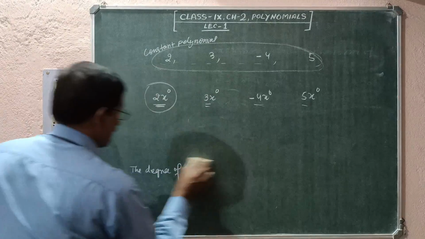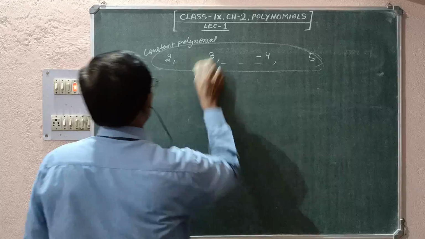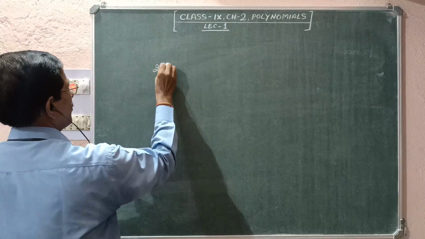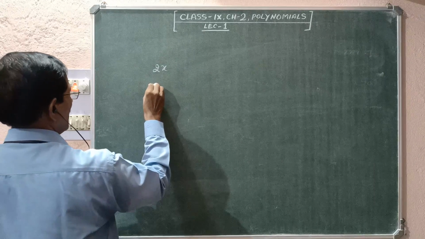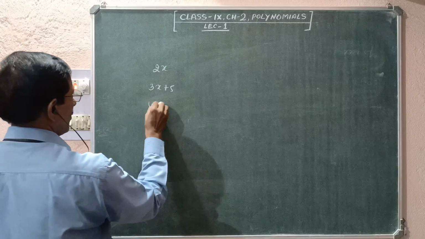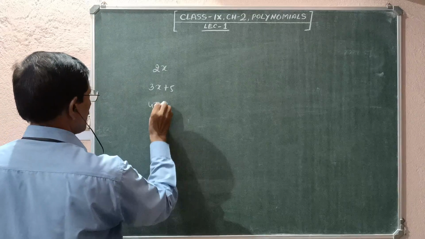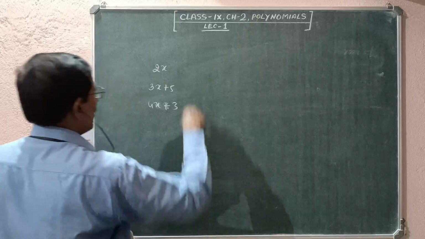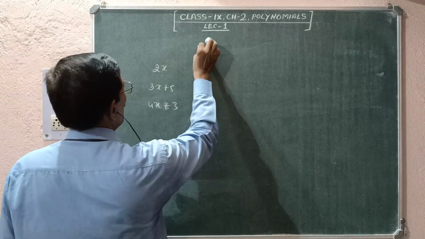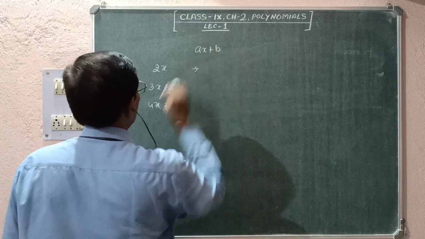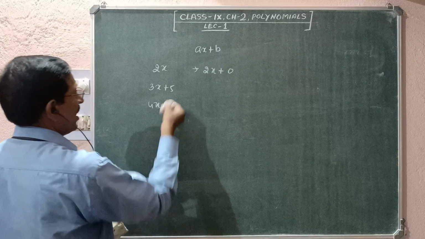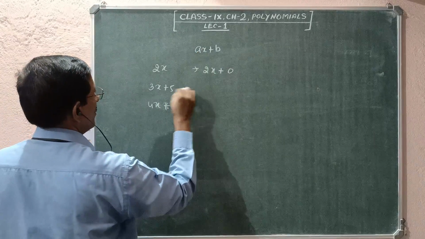Now one more thing. 2x, 3x plus 5, 4x plus 3. These all are polynomials, and they may be written in the form of ax plus b. So 2x is 2x plus 0, and it is already in this form.